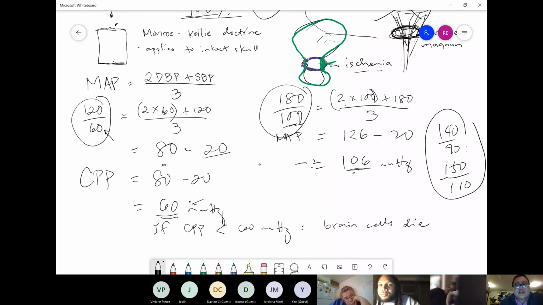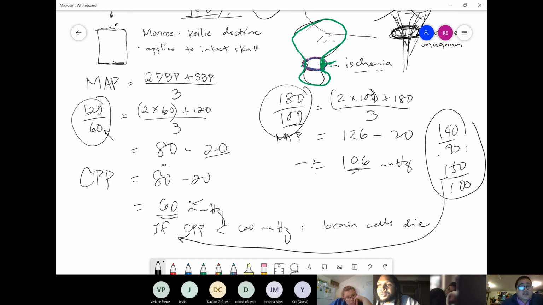Why did we want this blood pressure in stroke? Not really 110, it's 100. Okay. Why did we want this? Because we wanted to increase the CPP. Okay, this is what we wanted to preserve. If CPP remains between 70 and 100, the brain cells will not die.